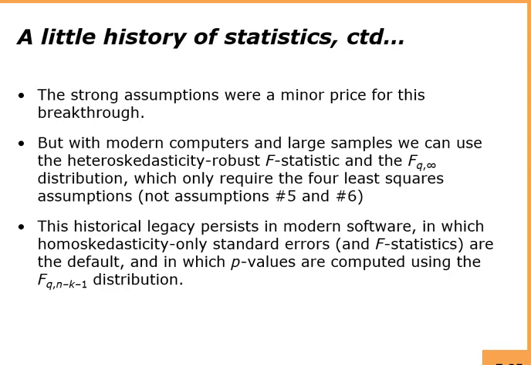And keeping this historical legacy alive, a lot of modern software will actually calculate homoskedasticity-only standard errors and F-statistics unless we actually tell the software that we are assuming heteroskedasticity.